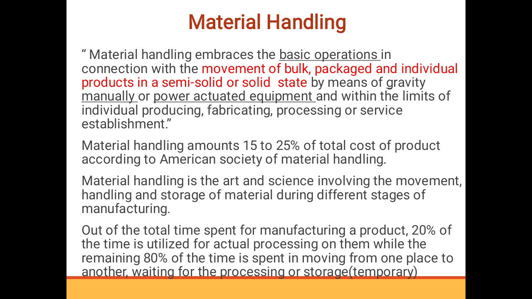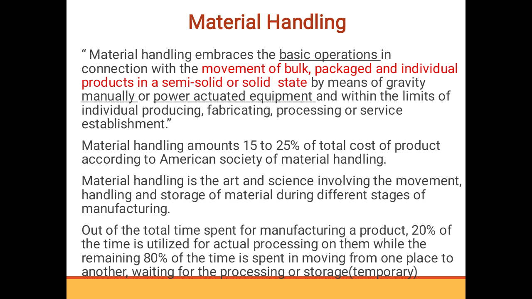And the last point is related to material handling. As we discussed, material handling should be as little as possible, because it cannot be avoided. If you consider the cost of material handling, it amounts to 15 to 25% of the total cost of the product according to the American Society of Material Handling. Material handling is the art and science involving the movement, handling and storage of material during the different stages of manufacturing.